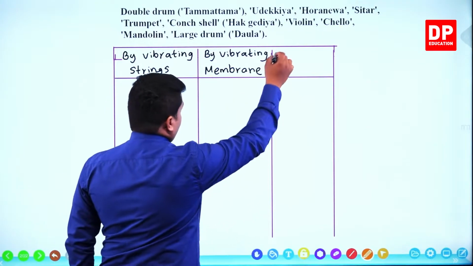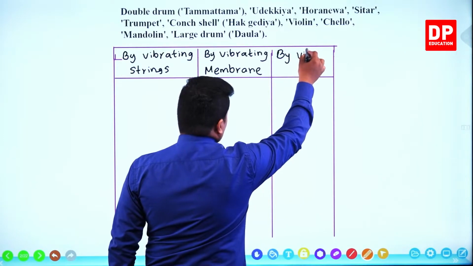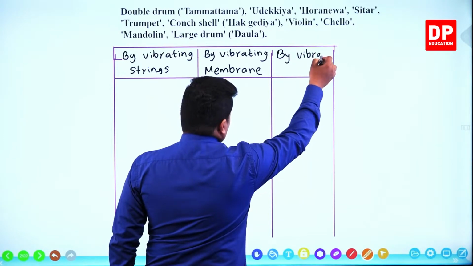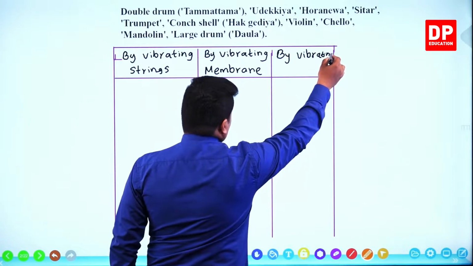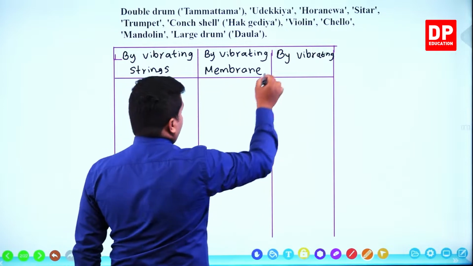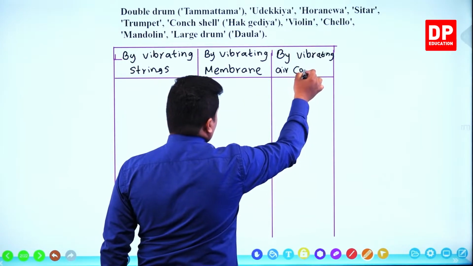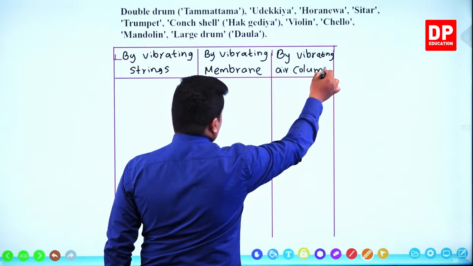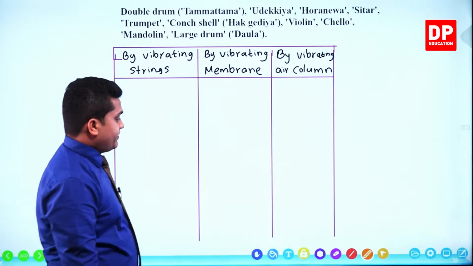The third one, by vibrating air column. Right. So let's divide now.